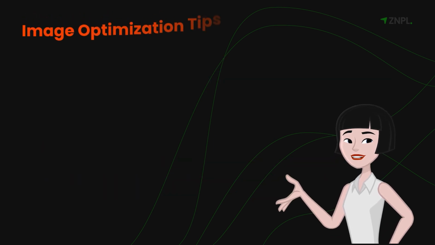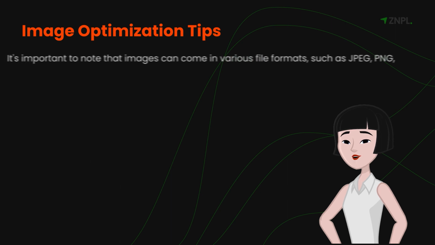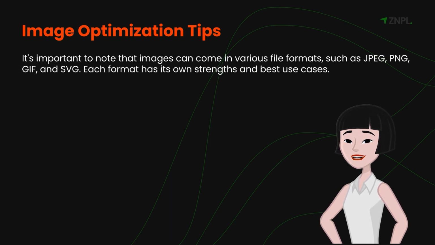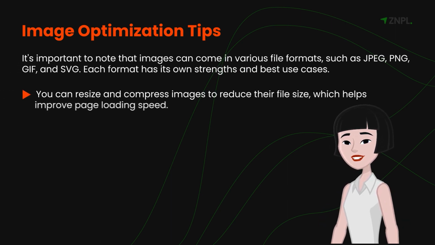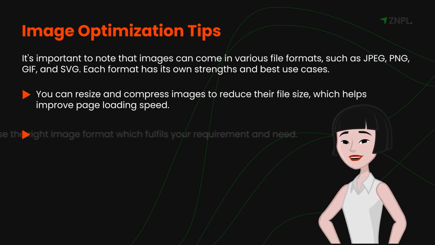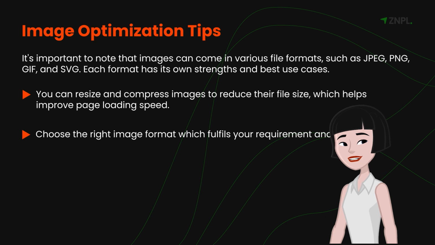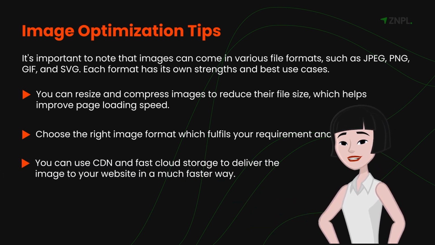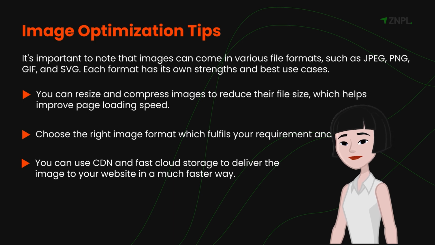Image optimization tips. It's important to note that images can come in various file formats, such as JPEG, PNG, GIF, and SVG. Each format has its own strengths and best use cases. One, you can resize and compress images to reduce their file size, which helps improve page loading speed.